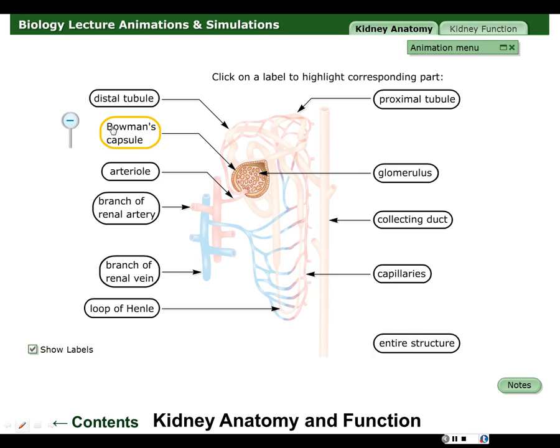So let's go through and look at the tubes, because each structure of the tube is going to have a specific job, whether it be reabsorption or secretion of particular substances. So the filtrate is first trapped where? At the glomerulus. It was formed by the what?